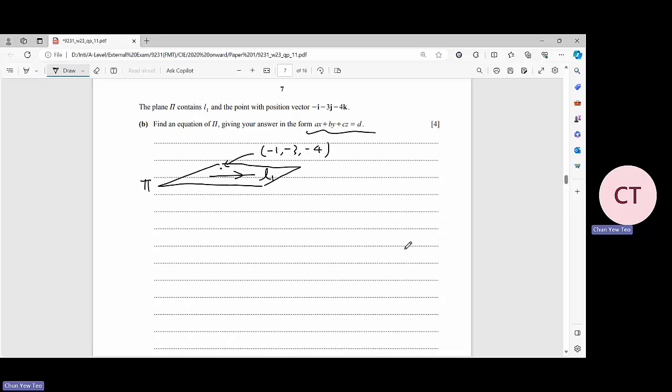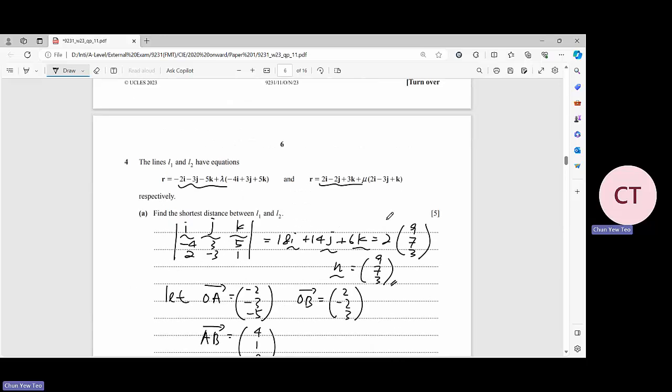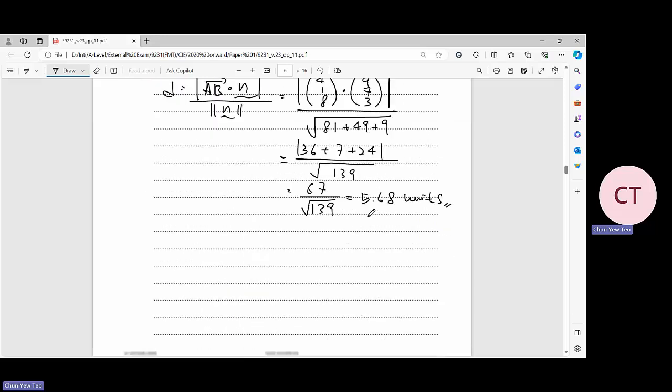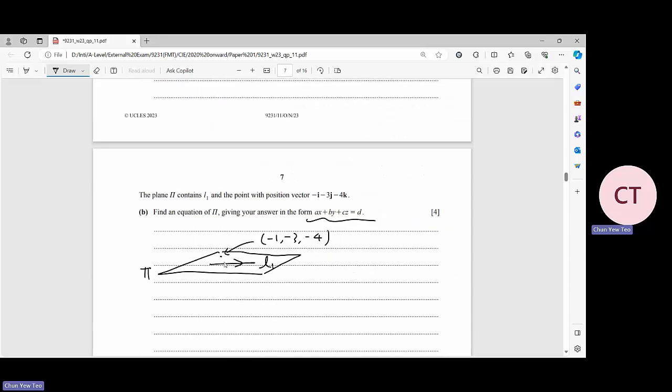And if you go to the line L1 just now, this is the L1. So L1 contains -2, -3, -5. Just now I called this one OA already.